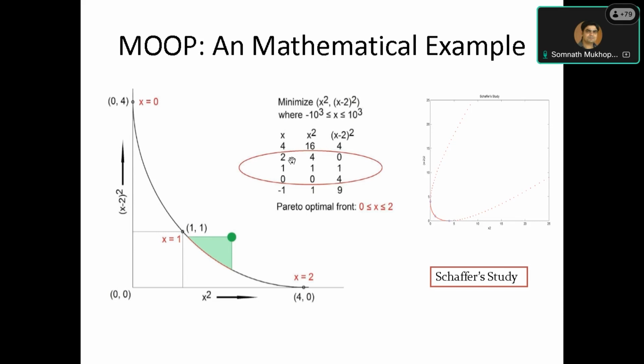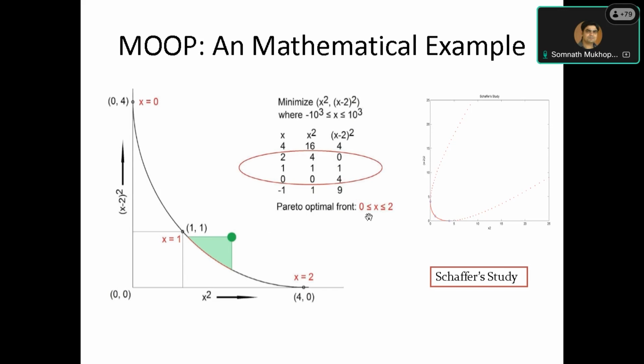But when x is 1 and when x equals 2, we cannot compare. They are incomparable. These three solutions are actually non-dominated solutions, so no solution can dominate another.